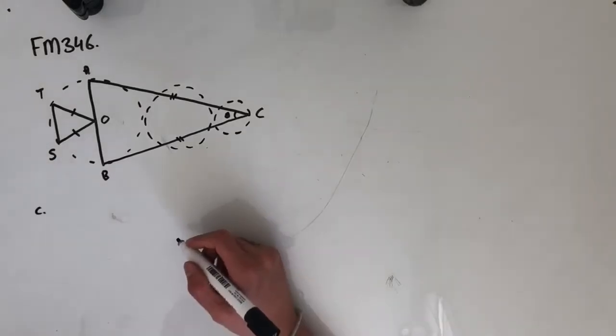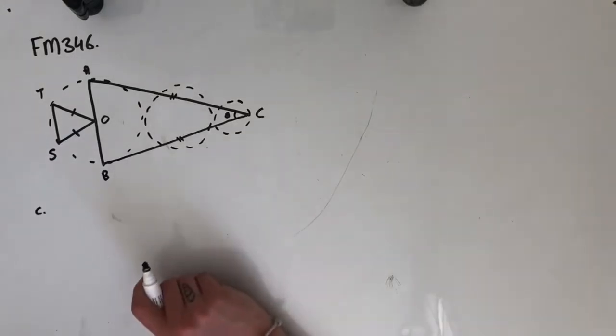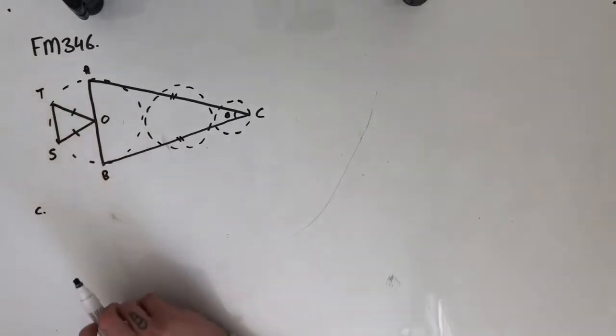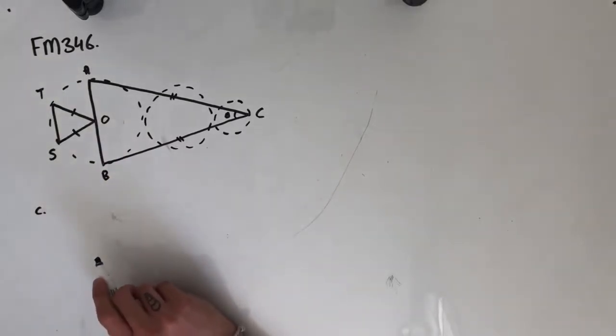Question C starts us off by saying triangles ABC and TSO are similar. Part C says, what is the length in centimeters of the line ST? Round your answer to the nearest centimeter.